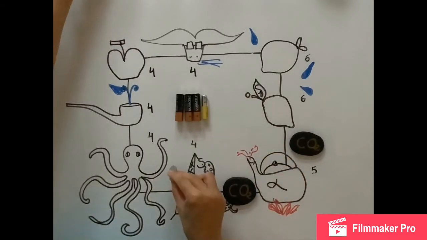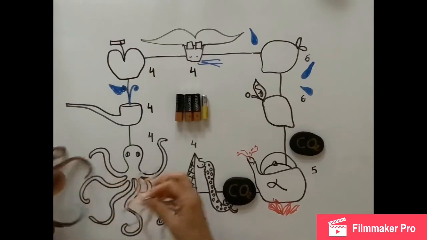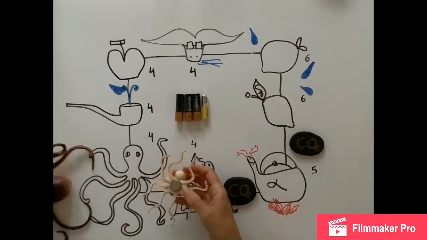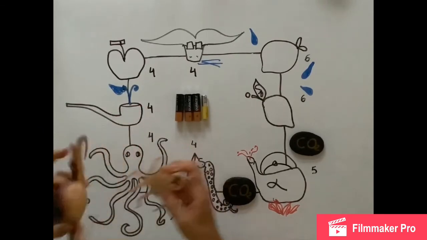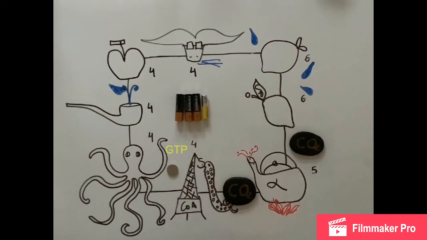It is given from one octopus to the other octopus. They just pass it over between themselves. It is the smaller energy formation in this cycle, more or less equivalent to an ATP.